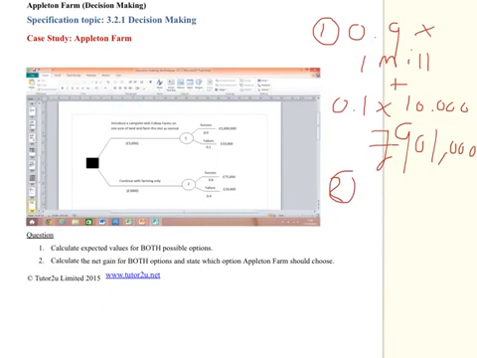Then we need to do the same, because it's asking for both, for the second choice, which is to continue with farming only. So we would do 0.6, so 60% chance of the increase being 75,000. Put a K for 1,000, plus 0.4 times 20,000.